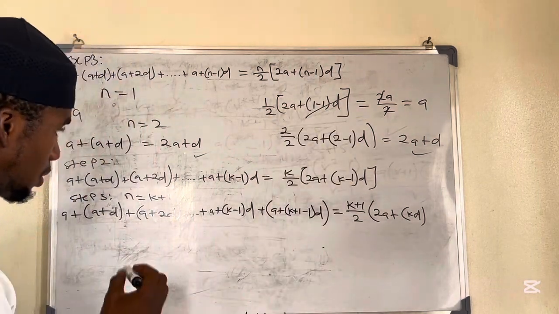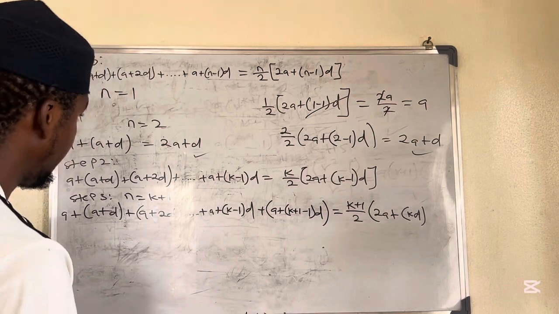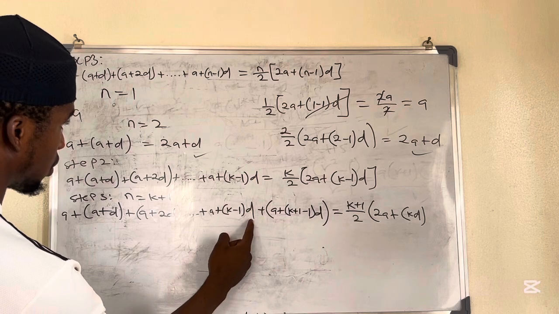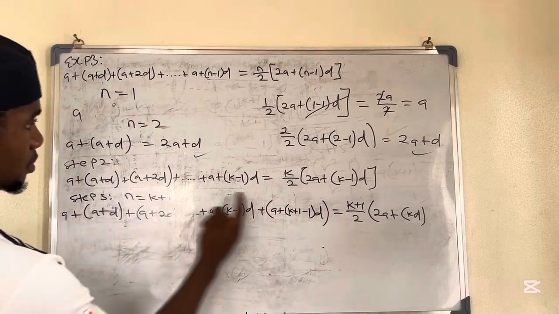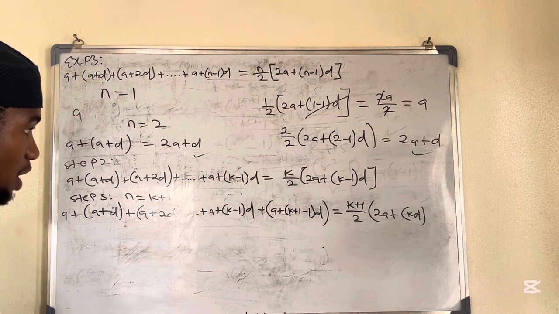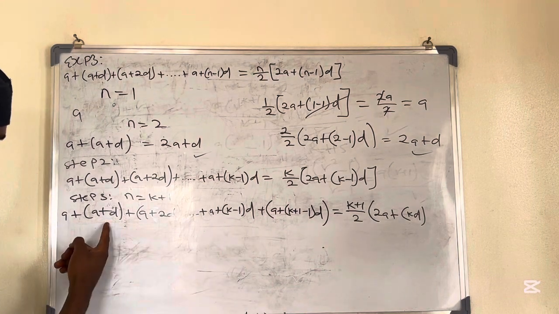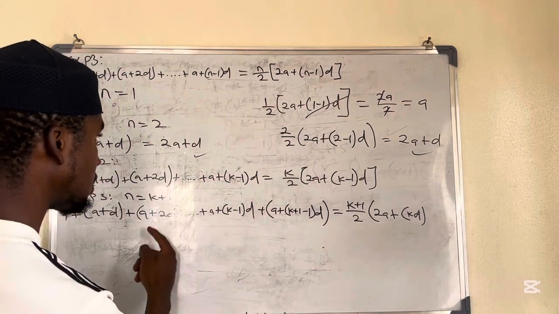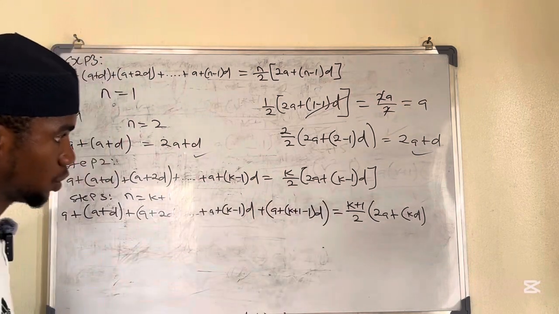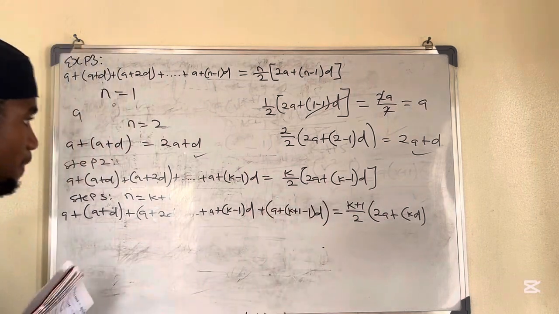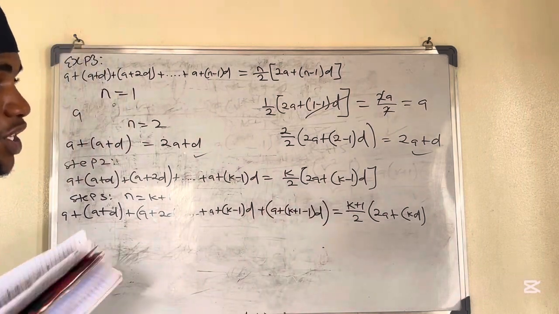So remember, from here, all of this is equal to this. I hope you understand that all of this is equal to this here. Look, no different. So we're going to interchange all of this with this, so that we can make our work easy.